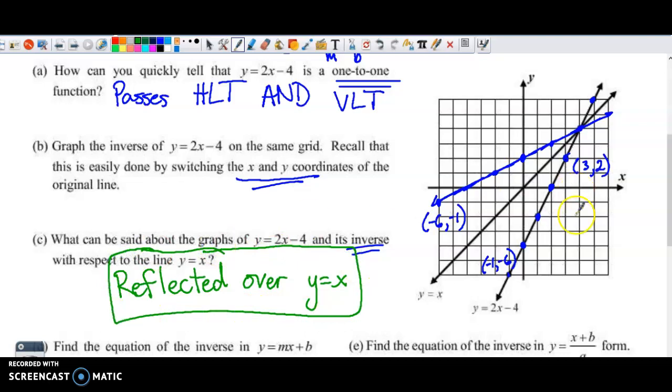And that should make sense because if you just switch 0, -4 to become -4, 0, it's got to just be flipped over something. And if you notice, I'll just put a dashed line in here. You see how it's 2 diagonals away? Well, it should also be 2 diagonals away on the other side.